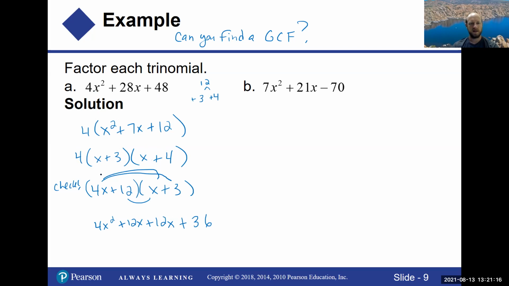Now I distributed the 4 in, so it's 4x and then a 12. Now I do 4x times x is 4x squared. 4x times 3 is 12x. 12x times x is 12x. 12 times 3.